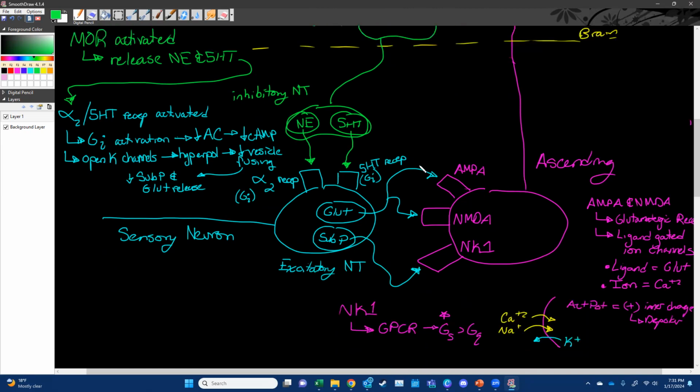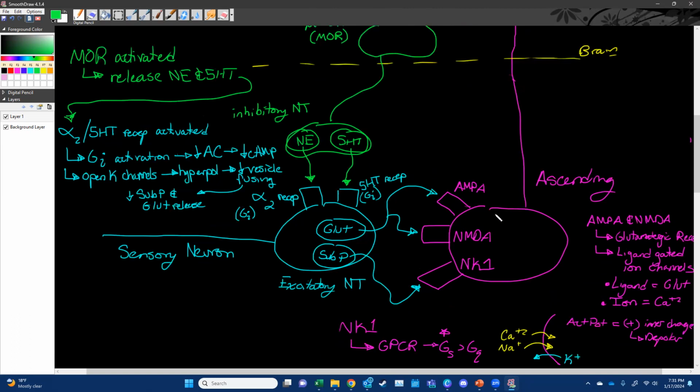The other aspect of how they work is in the other locations where we find mu opioid receptors. One of the biggest places that we also see them is on the ascending neuron. So in this case, we have the ascending mu opioid receptor.